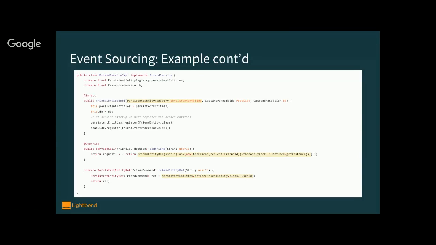And once that completes, then you're going to reply back to the caller. And then you'll see the additional friend entity ref there, which essentially is going to, underneath the covers, access the persistent entities and allow you to persist that event should it pass validation.